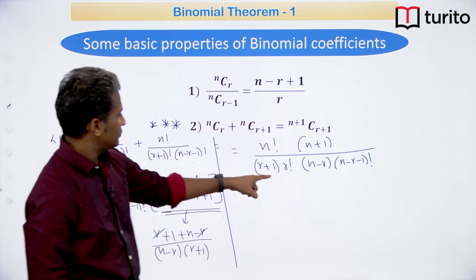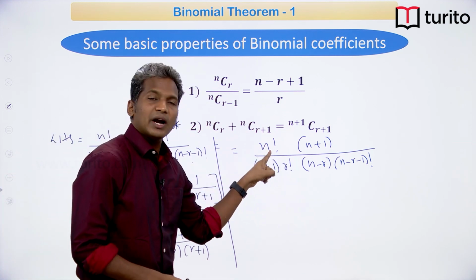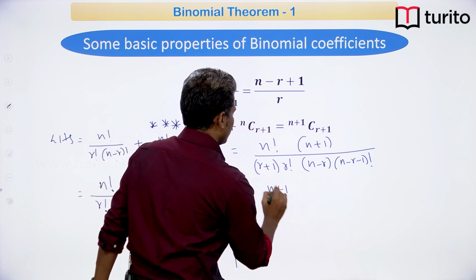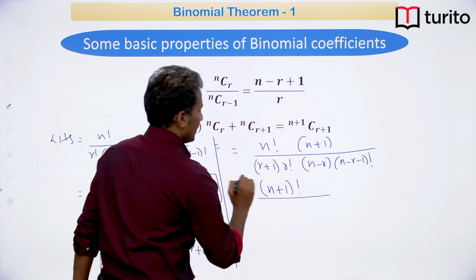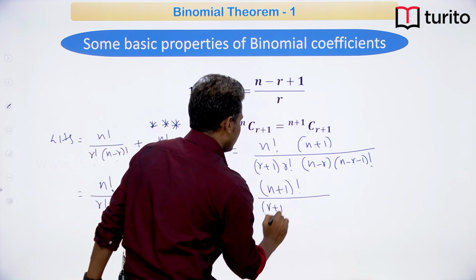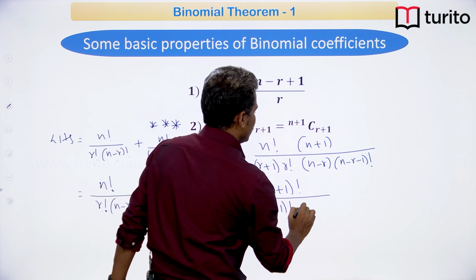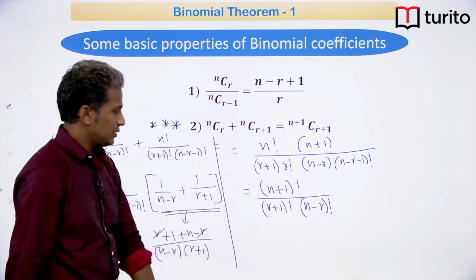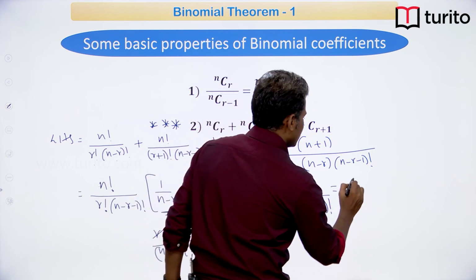Now if you observe, n plus 1 into n factorial is n plus 1 factorial, and r plus 1 into r factorial is r plus 1 factorial, and here it can be written as n minus r factorial. So we can further write it this way.